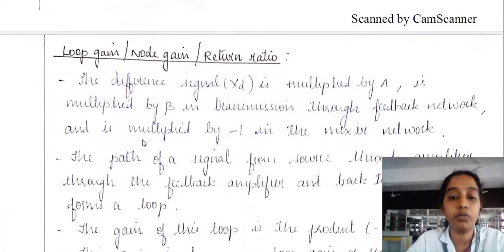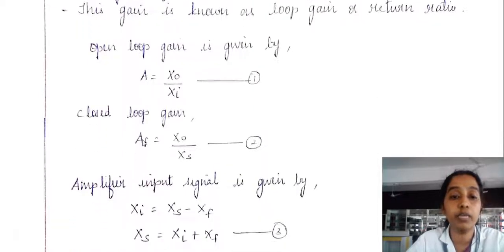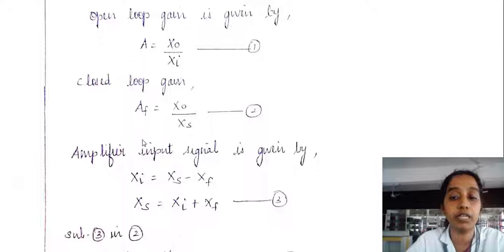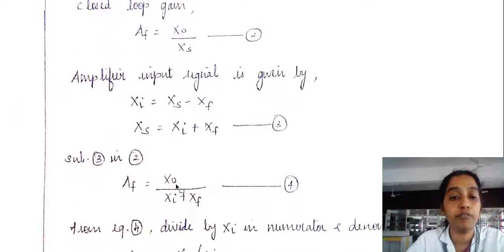So A is X naught by Xi, and closed loop gain with the feedback, AF, is X naught by Xs. The amplifier input signal Xi is the source signal minus the feedback signal. And the source signal Xs is Xi plus Xf. So with gain AF, X naught by Xs, consider Xi plus Xf instead of Xs.